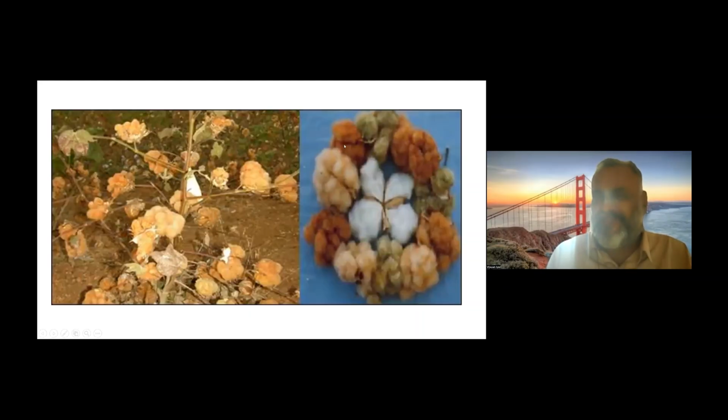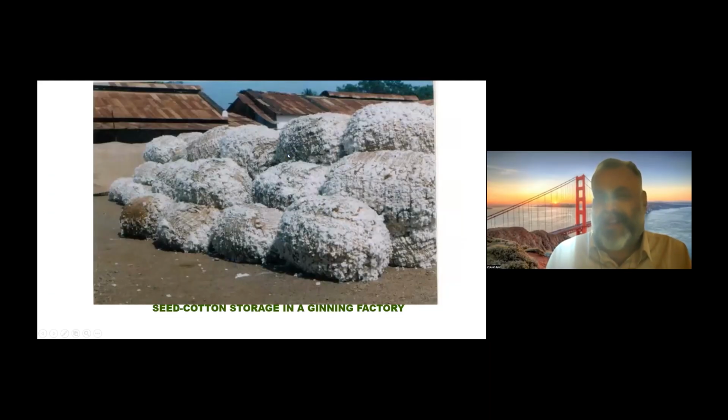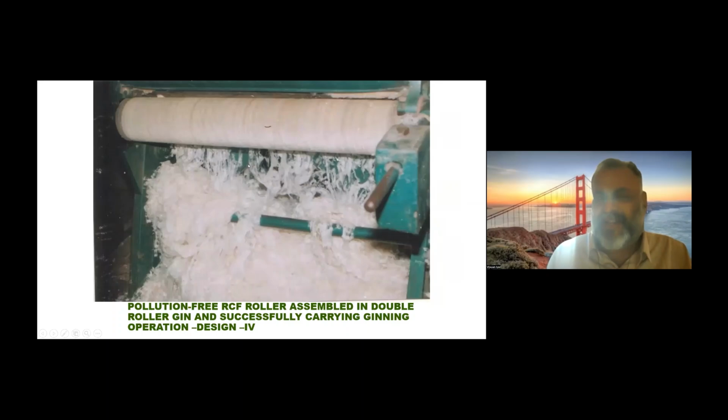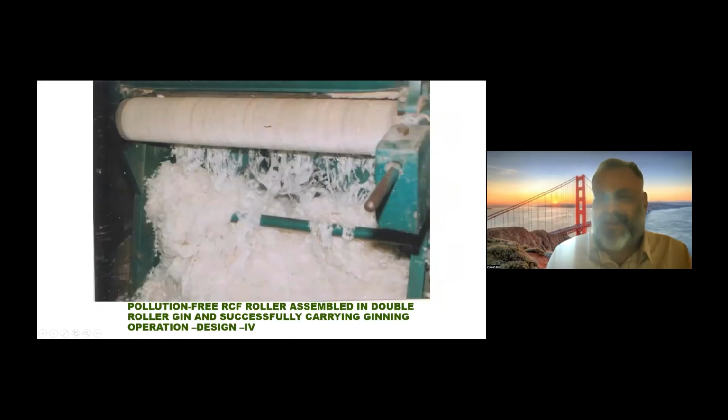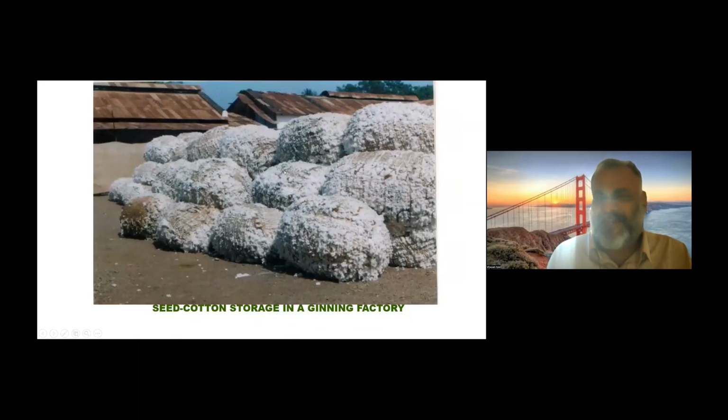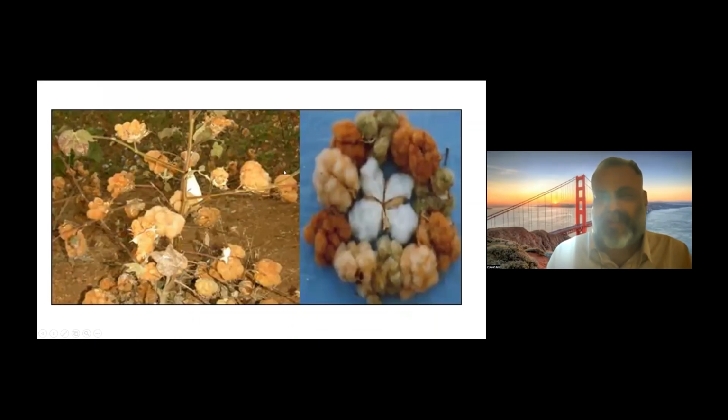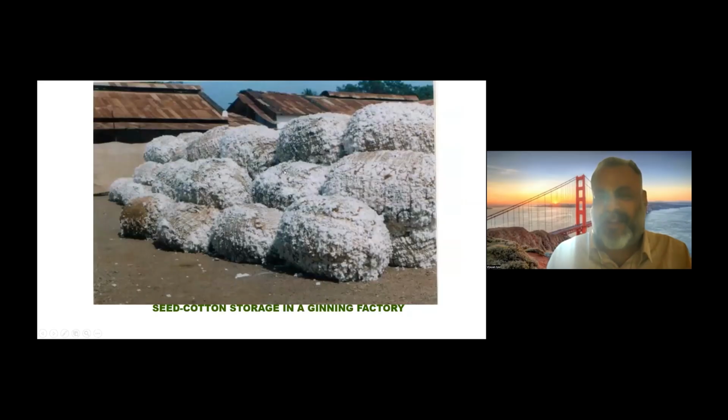For example, you can just see this is the color cotton, naturally pigmented color cotton. And the seed cotton is ginned in this ginning machine. The lint is separated and the seed is separated. For example, this is called seed cotton, and this is called lint cotton.